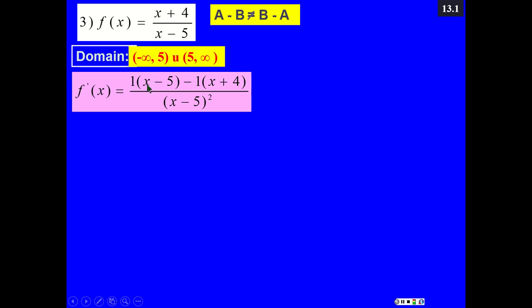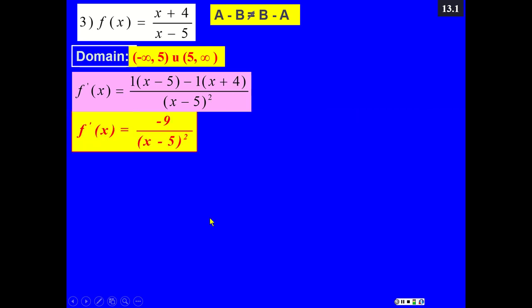Then positive x is gone, and minus 5 combined with the minus 4 becomes minus 9. Remember, at this moment, you need to be really sharp on your derivative. Now, this is my derivative.